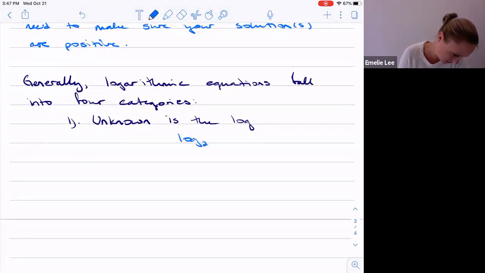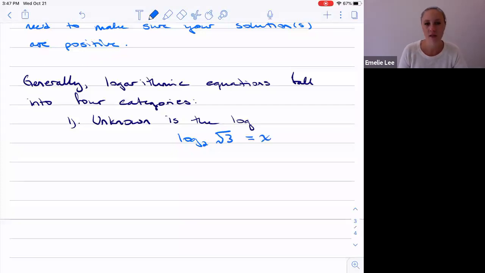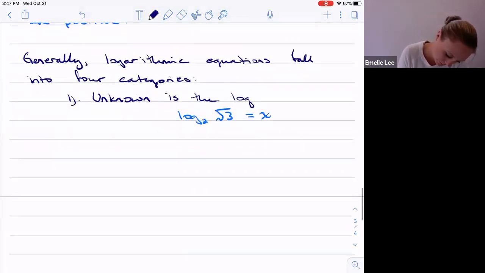If I tell you that log base 2 of root 3 equals x, right? That's when the unknown is just equal to the log. Just as a heads up, how we're going to solve this, well, this is just a number, right? So we'll just solve it and then we'll have x. So that one's not so bad. We'll solve them formally, but just want to give you the lowdown.